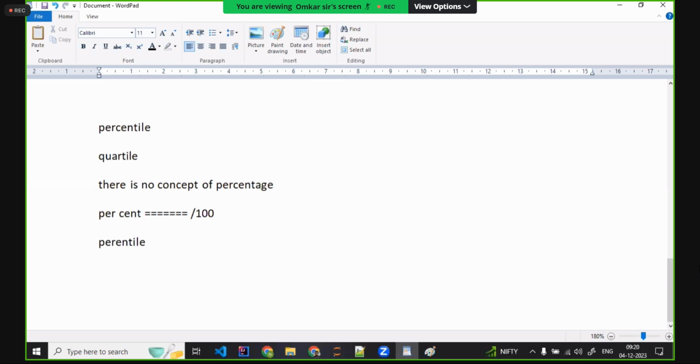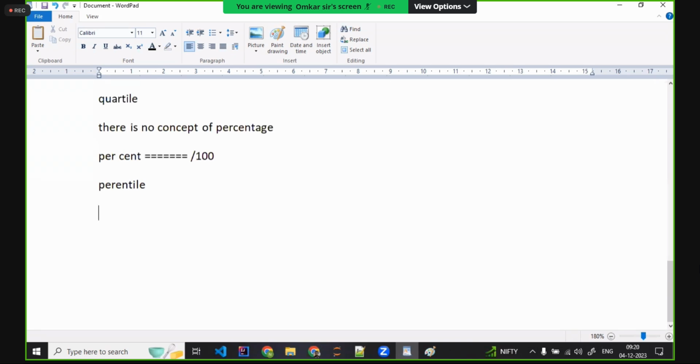What is the percentile concept? Let's come to here. Like some observations are there. Suppose 10 observation is there, 20, 30, 40, 50, 60, 70, 80, 90, 100. These are the observations.